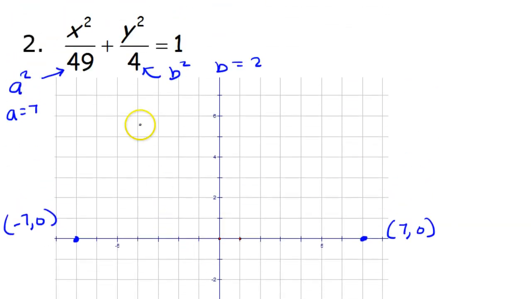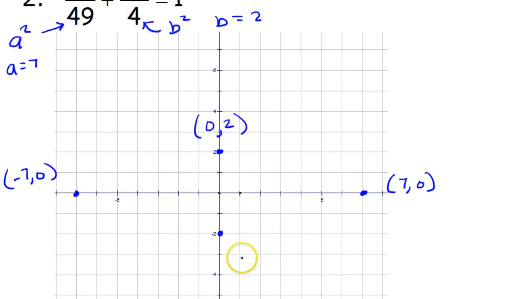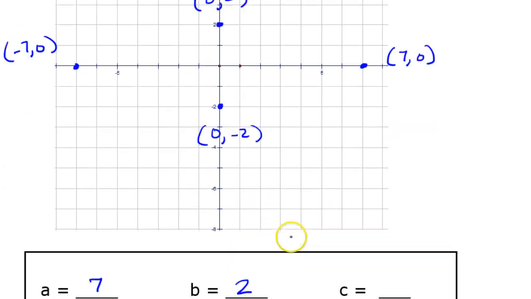All right, my B value, the short way, will be in the y direction. So looking at my B value of 2, I'm going to go up 2 and I'm going to go down 2. These will be my co-vertices. So this is 0 comma 2 and this is 0 comma negative 2.